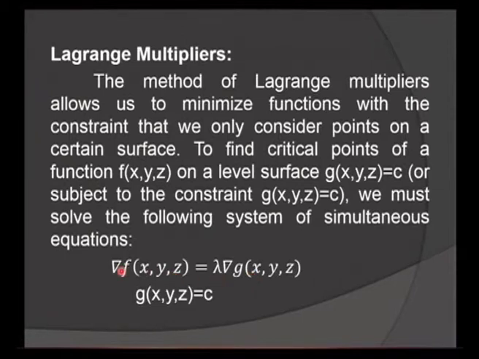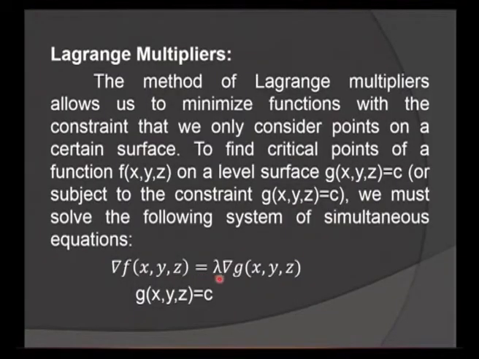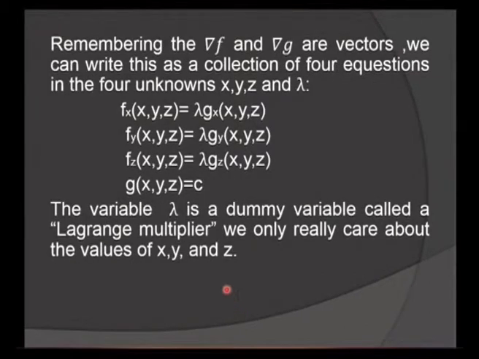Here this del is the gradient. So gradient of the function f of x, y, z is equal to some constant, some variable into the gradient of g of x, y, z. Here g of x, y, z is equal to c.